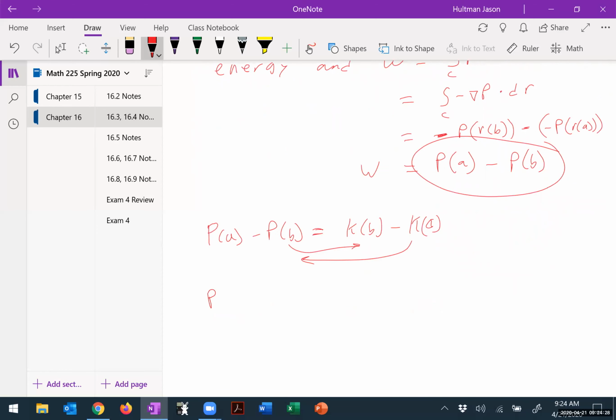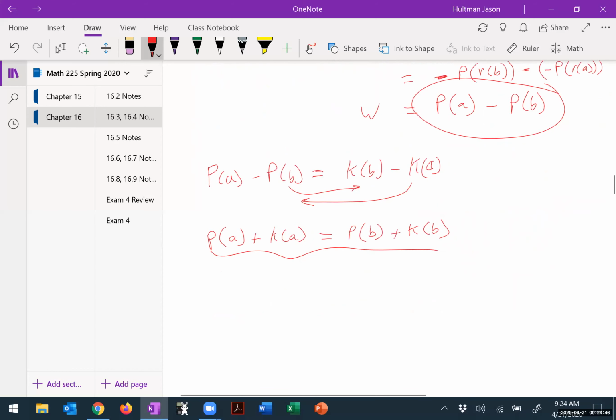We get the potential energy at A plus its kinetic energy at A is equal to the potential energy at B plus the kinetic energy at B, which is the law of conservation of energy.